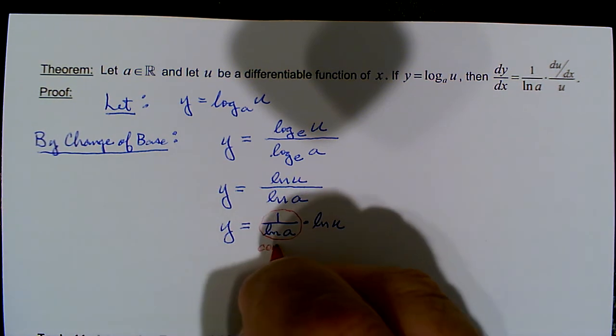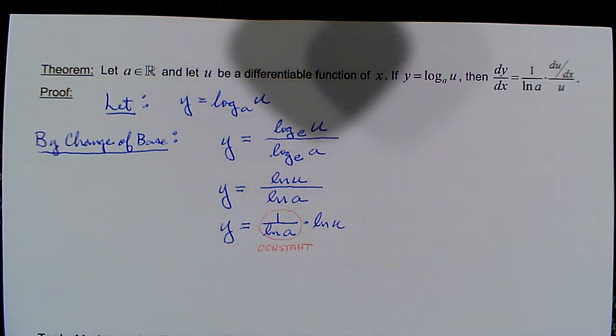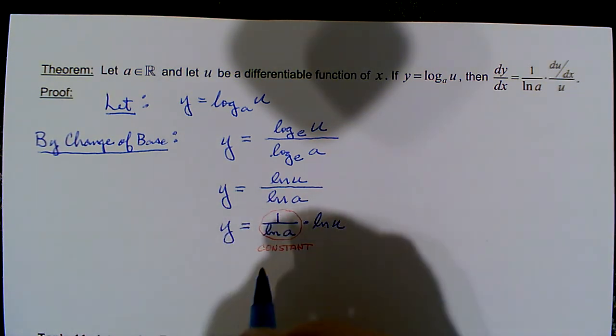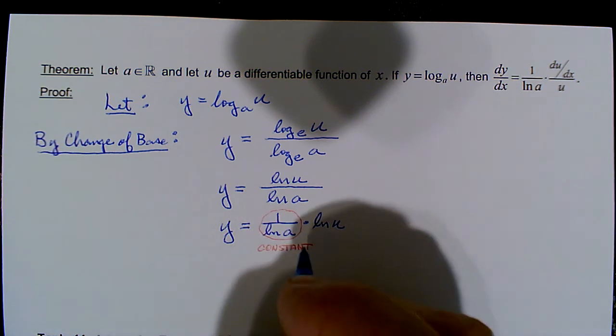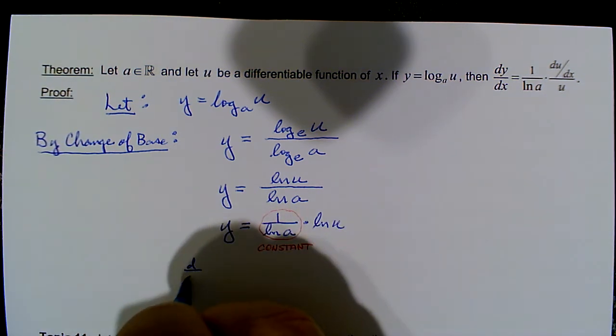And that's just going to tag along in the differentiation process, just like any other number, like 5 or 7 or 4, whatever. So now we can differentiate. We're differentiating with respect to x, so I suppose if you want to throw the d/dx notation in front of each side here.